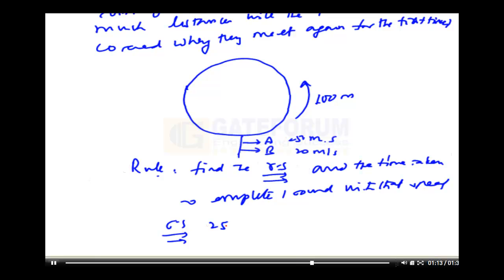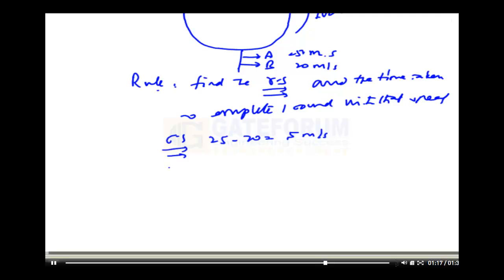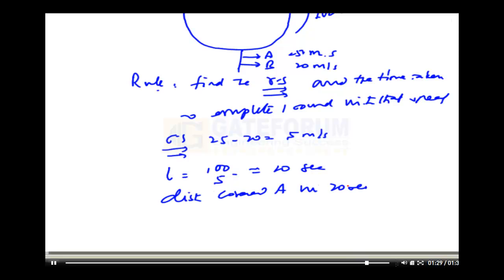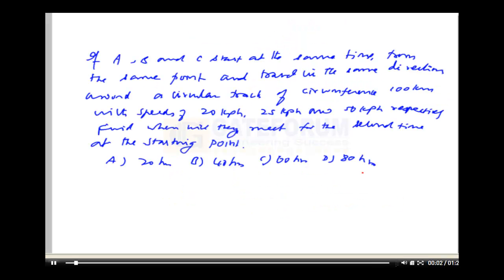So relative speed in the same direction is 25 minus 20, 5 meters per second. So time taken to cover 100 at the rate of 5 will be 20 seconds. So distance covered by A in 20 seconds will be 20 into 25, 500 meters.